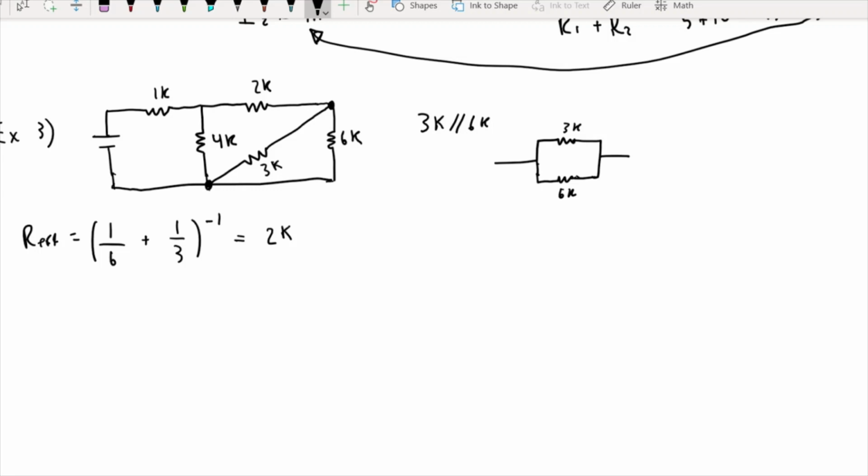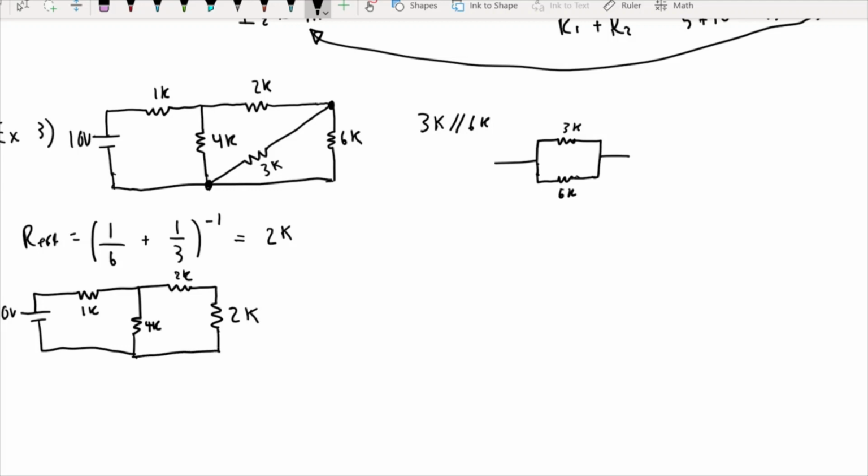Now we can redraw the circuit. 10 volts, 1k, and there's going to be another 2k here, which is what we just solved for. Now we have something like this.